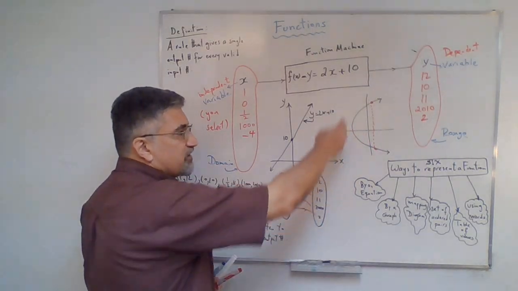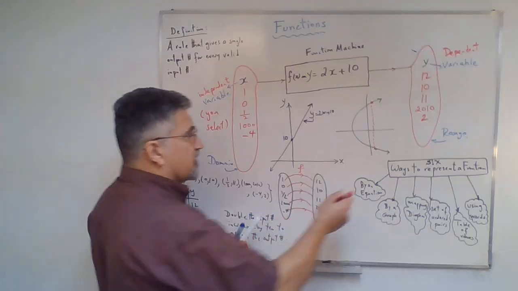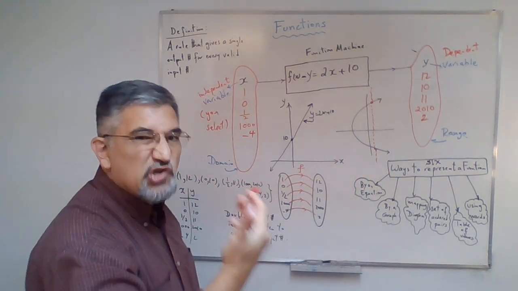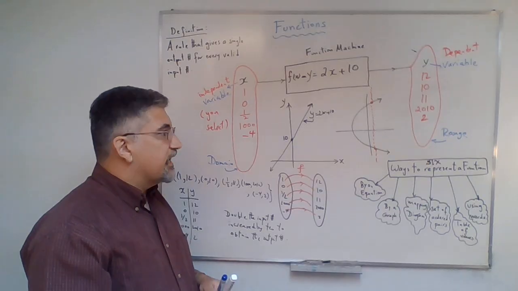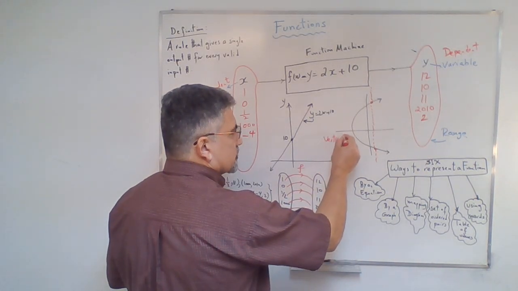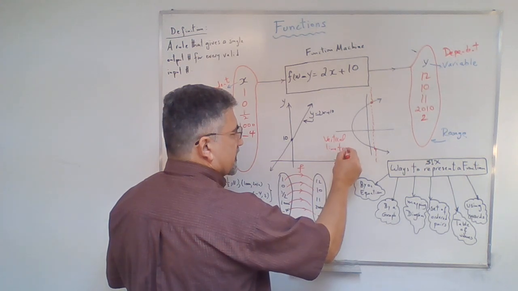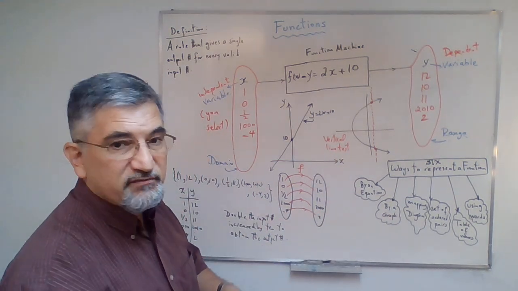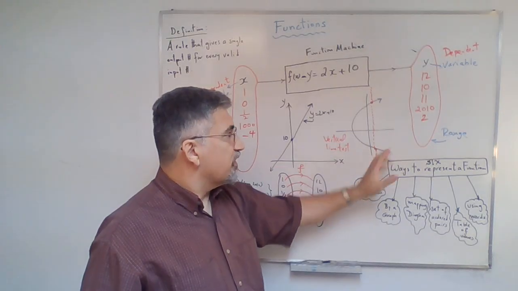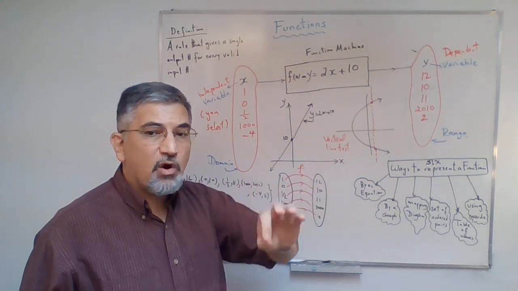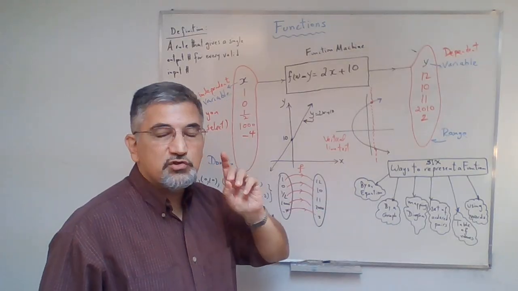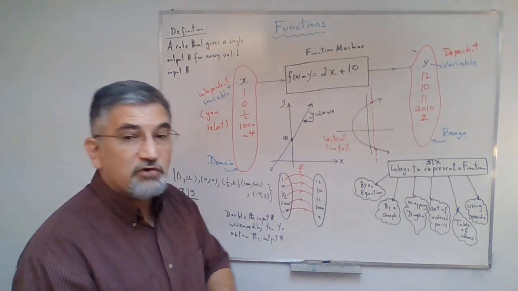So if you have a graph like this, by looking at it, if you draw a vertical line, you can tell that this is not representing a function. And this test is called the vertical line test. The vertical line test states that if you have any kind of graph and you draw a vertical line, and that vertical line crosses the graph at more than 1 point, 2 points, 10 points, whatever, then that graph does not belong to a function, it belongs to a relation.